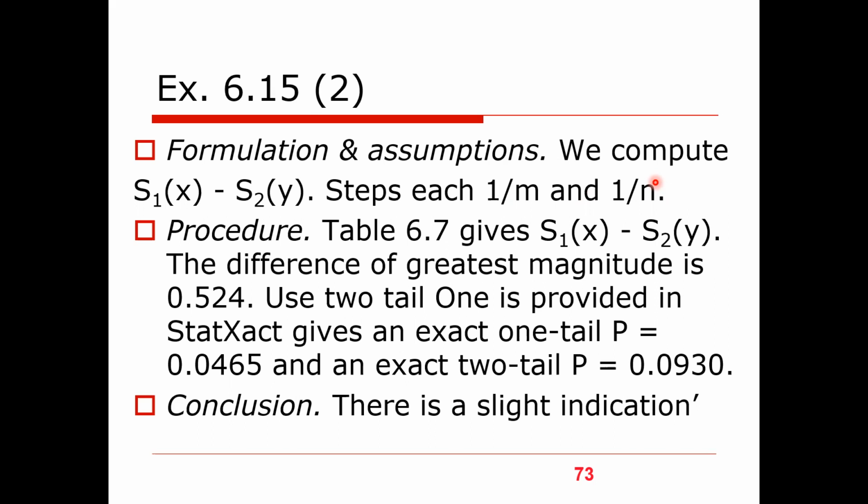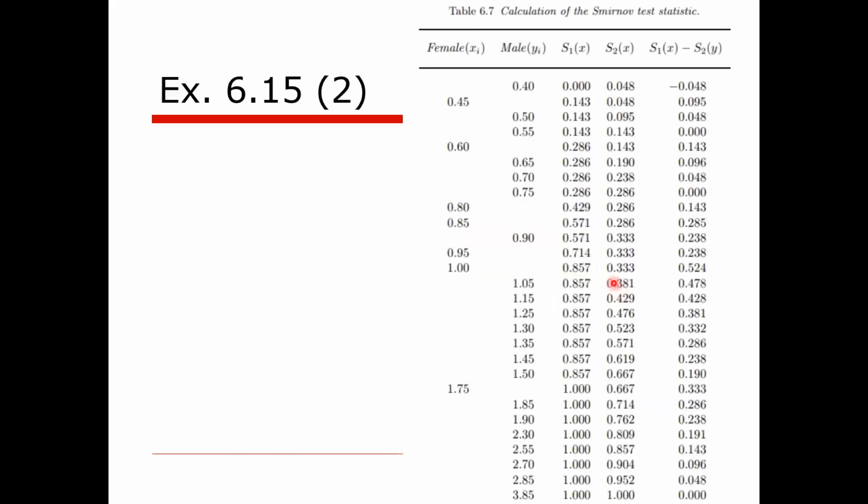So we use a table to list the real measurement data of the two samples and then the Sx of these two samples. Because female has only 7 observations, male has 21, to compare S1(x) and S2(y), we have to replicate a lot of Sx in the female group, right?